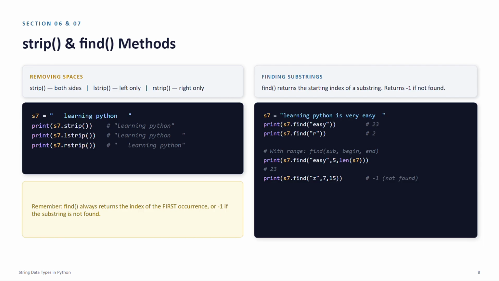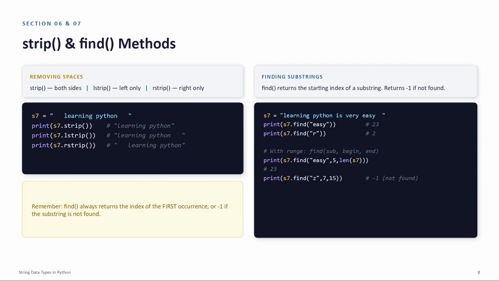Here we are using "learning Python" along with spaces on the left and right side, stored in the variable s7. If I strip the variable s7 using the strip function, it will remove the spaces from both sides. If I use lstrip with s7, it will remove the spaces from the left-hand side only.